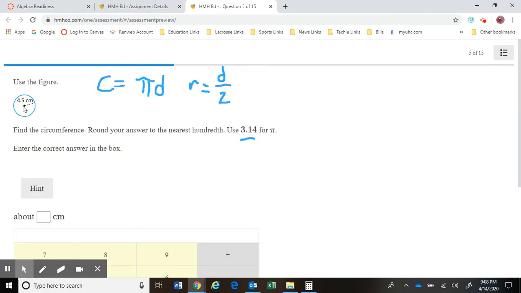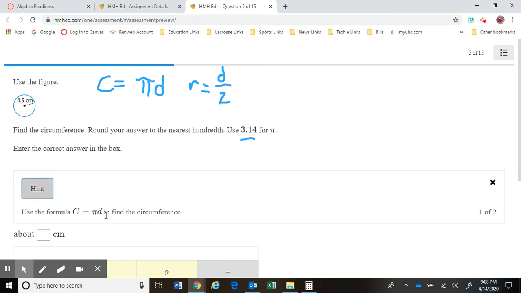What do they give me in this one? They give me 4.5. I know that my radius is diameter divided by 2, so I need to double that. What is my diameter? That's right, my diameter is 9.